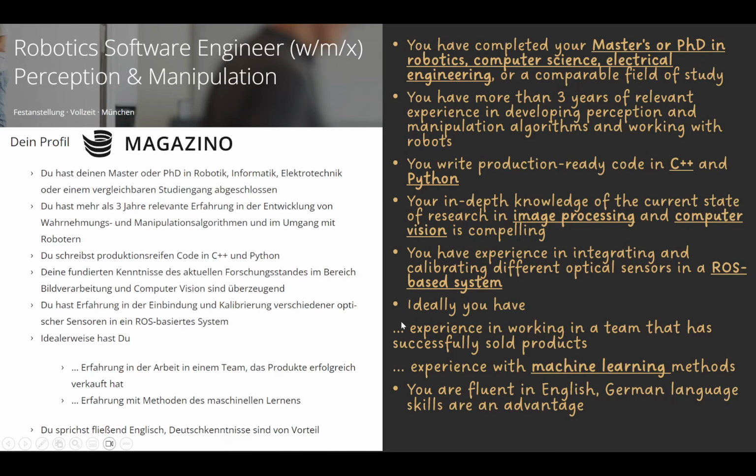Okay. And this is one specific job profile that I copied from Magazino's official website, and they require you, for example, to have both C++ and Python skills and experience in image processing, computer vision and ROS-based systems. So you see that the roadmap or the guide that I have shared is not just a theoretical guide that has no practical ground.